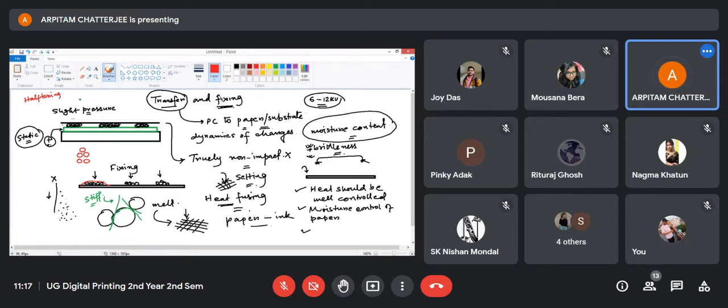If not, don't worry, afterwards we are going to discuss it. For the time being, understand that half toning is something where we use dots to represent different shades of color. For example, suppose you want to print something like this.